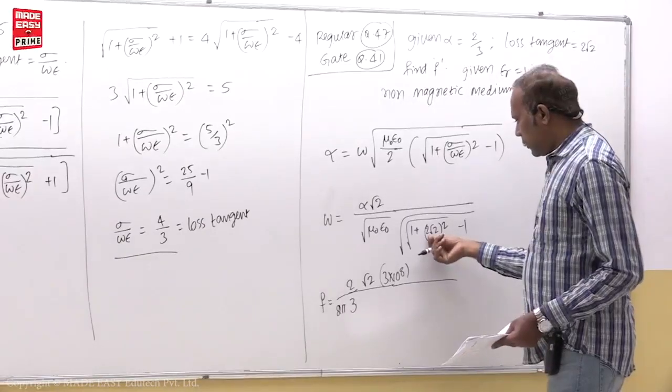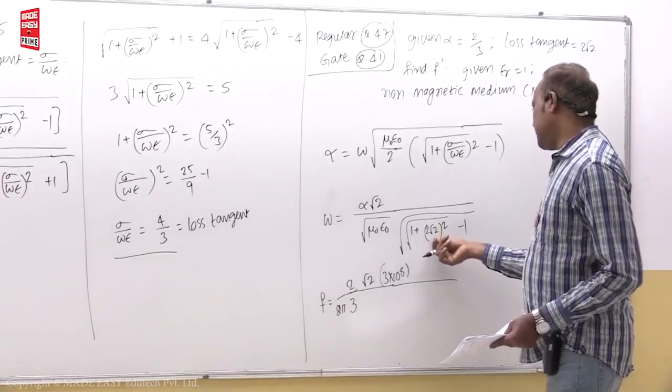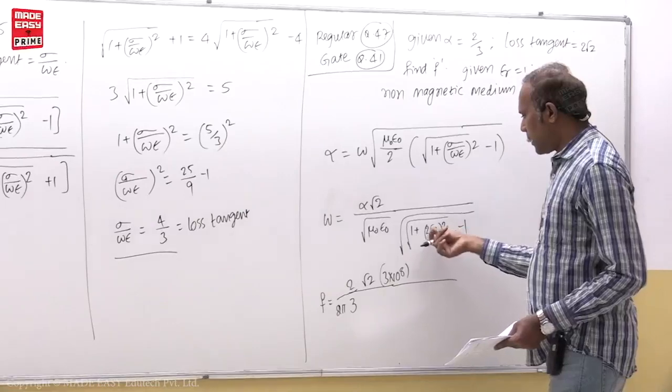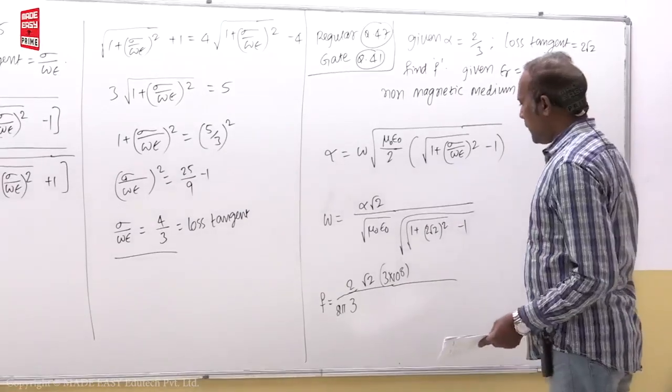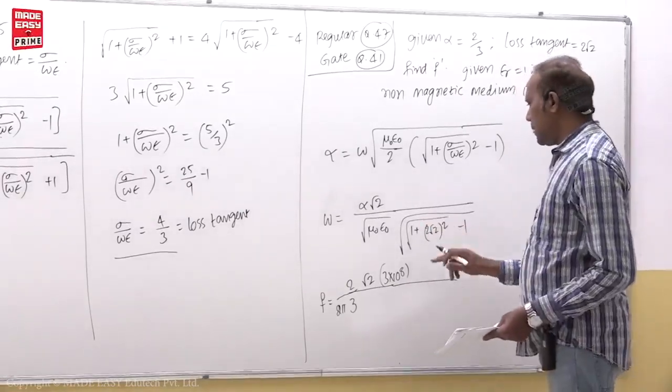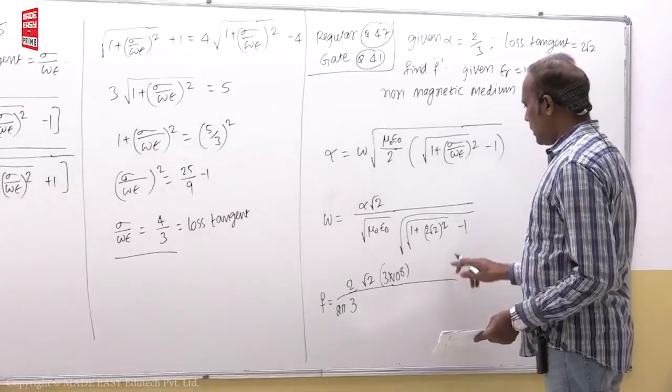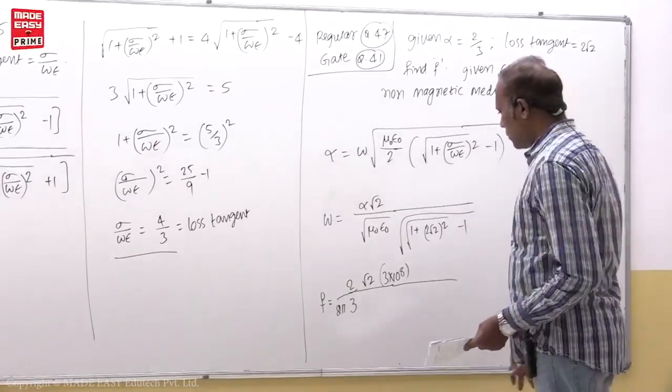Then 4 into 2 is 8, 8 plus 1 is 9, root 9 is 3, 3 minus 1 is 2, so root 2 you get.